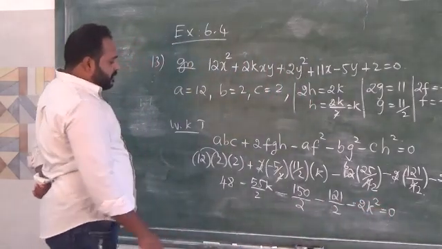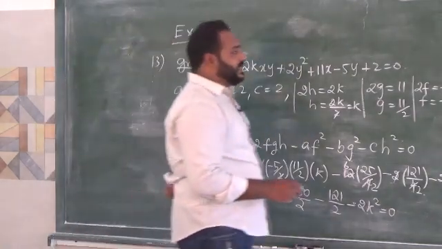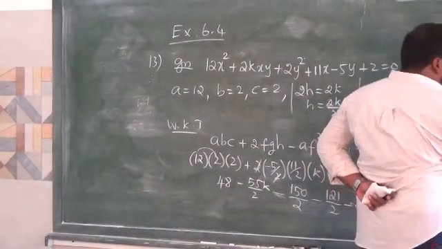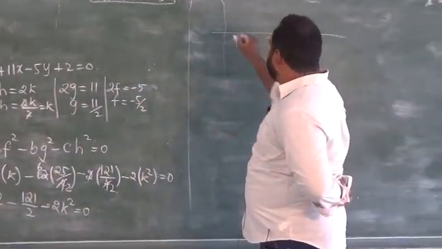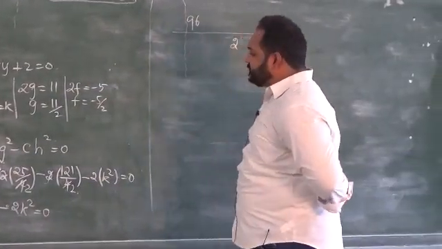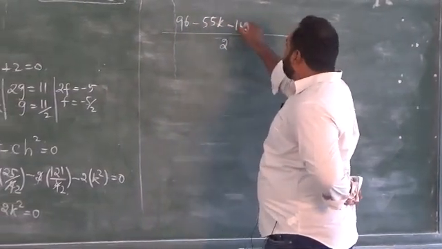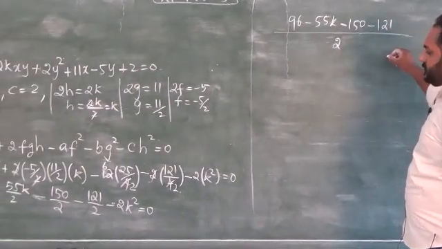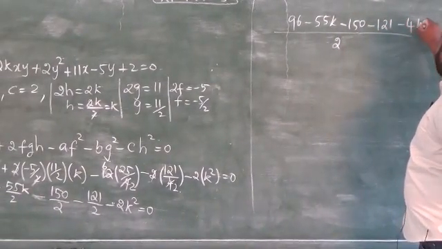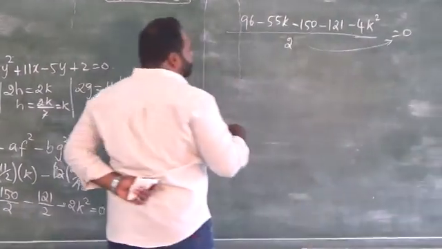So here we have fractions in some terms, so I am going to take a common denominator throughout the equation. It is 2. So 48 becomes 96, minus 55k, minus 150, minus 121, minus 4k square equal to 0. If you carry the denominator to the other side, it is 0.